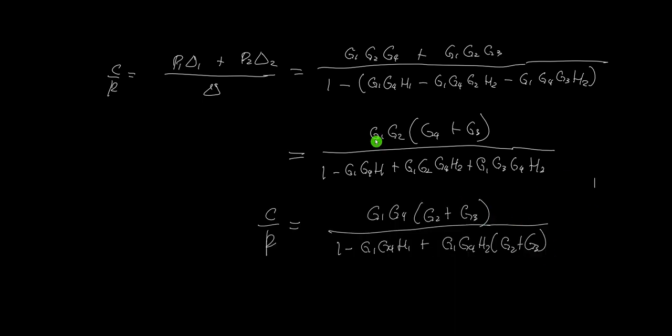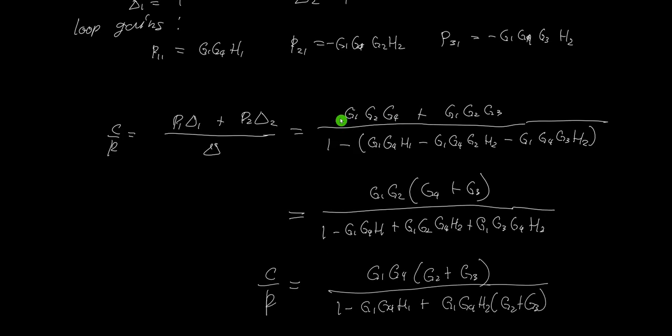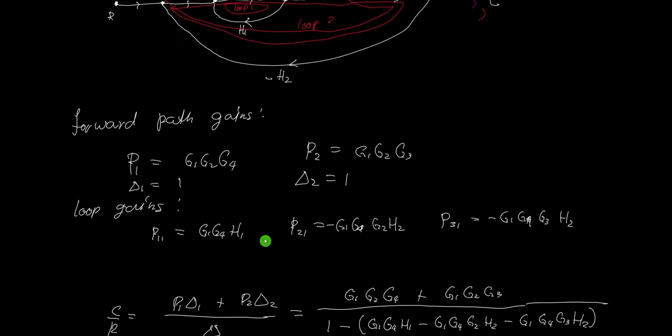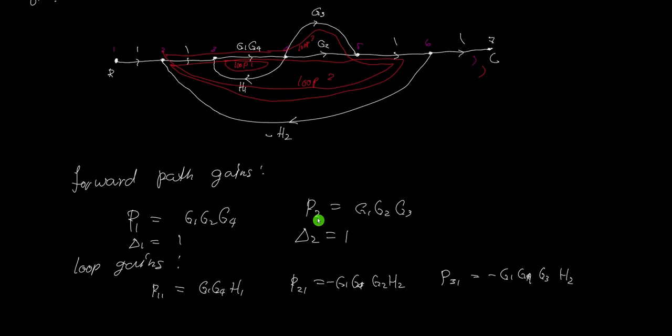And wait. We have a correction here. I have a mistake in the forward path gains, G1, G2, G3. So let's check that out. It's P2. So where's P2?